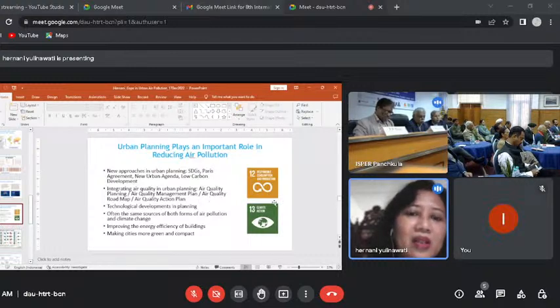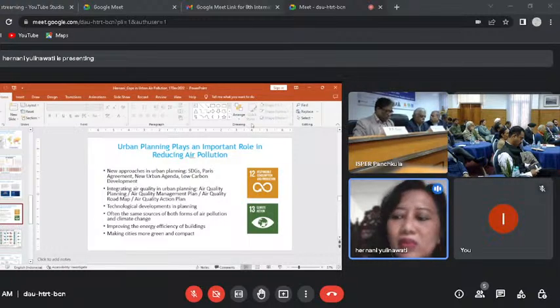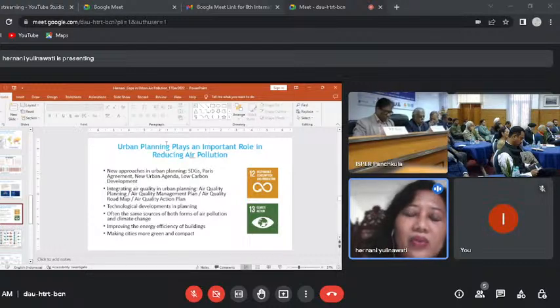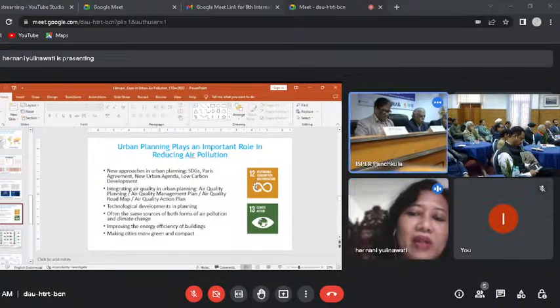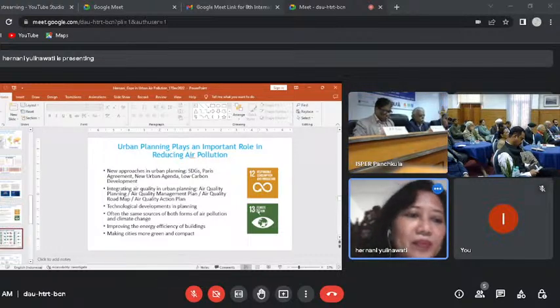And there are technological developments involved in planning, and often the sources of air pollution and climate change are the same. Improving the energy efficiency of buildings and making cities greener and more compact are the main issues related to how to integrate urban planning and reduce air pollution. That's why I add these two more SDGs, SDG number 12 and number 13.